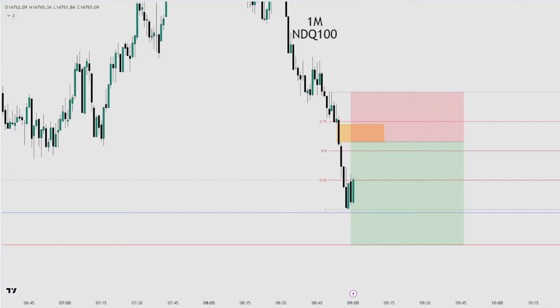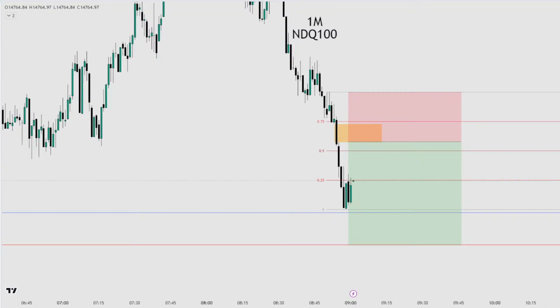From 8, we've just been going down and down and down. We could just see 930 go up really, really high, sweeping all the liquidity, all the trailing stop losses, as like a Judas swing. I've seen that before. I'm not an expert.